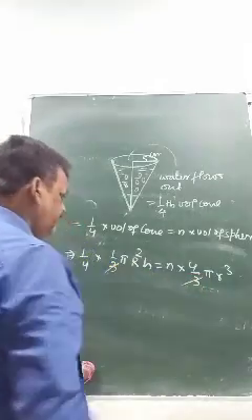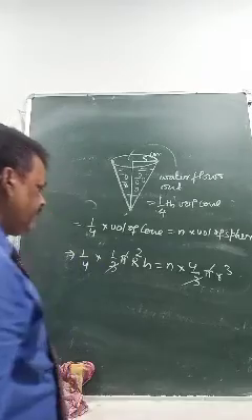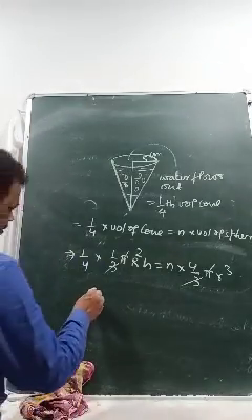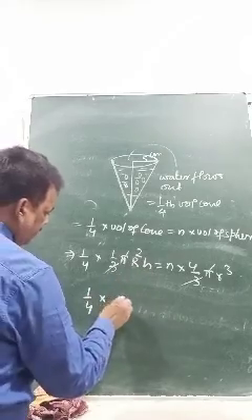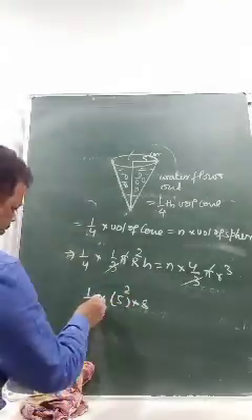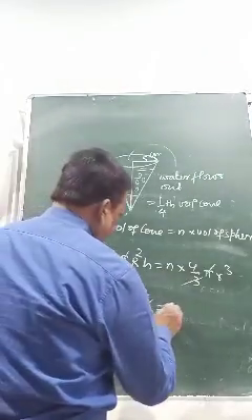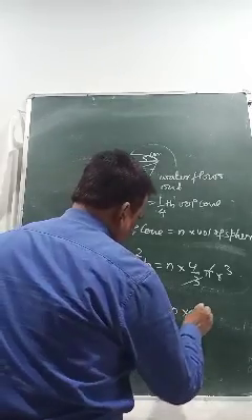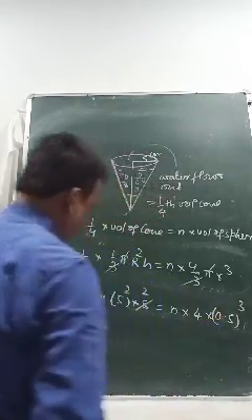3 cancel. What else is cancelled? Pi is cancelled. Then 1/4 into this R is 5 square into 8. You can cancel. This will be 2 equals n into 4 into 0.5 cube.